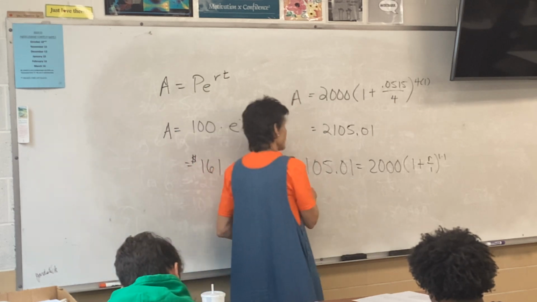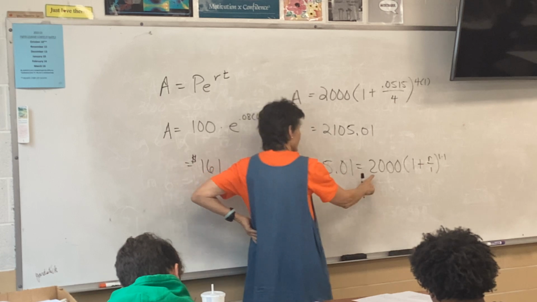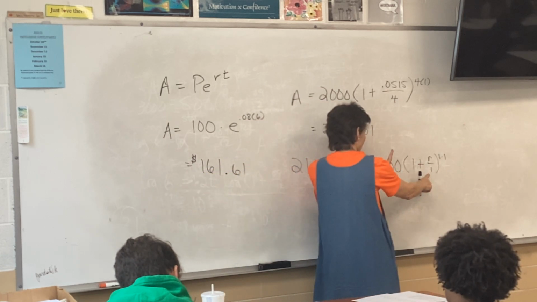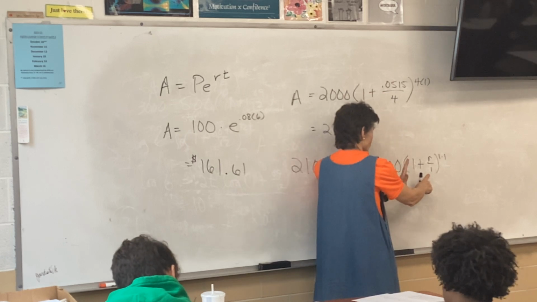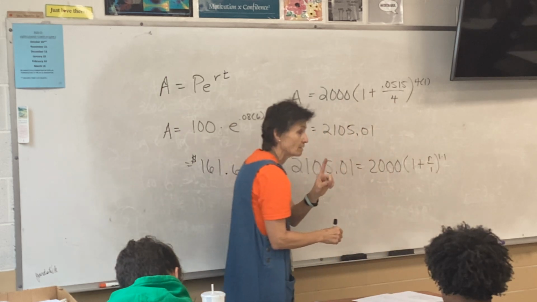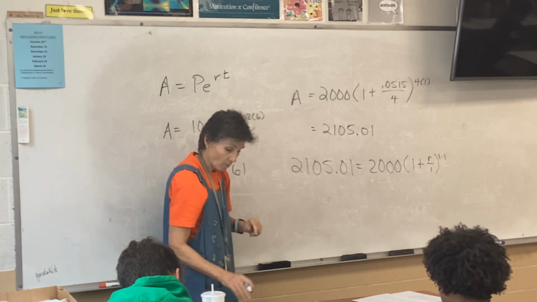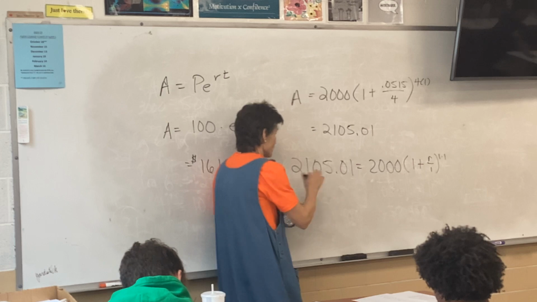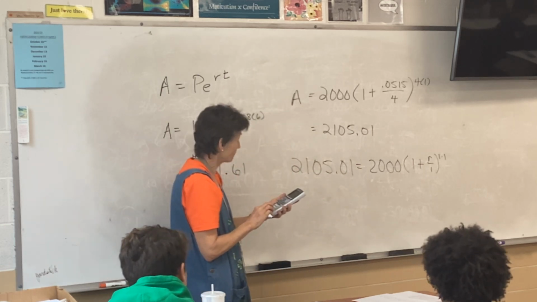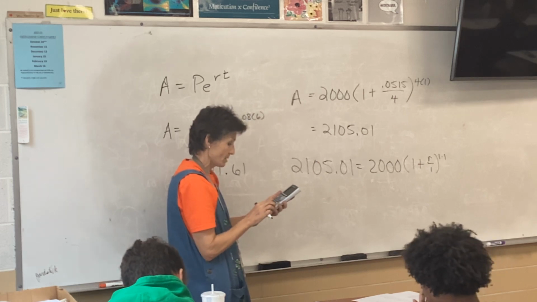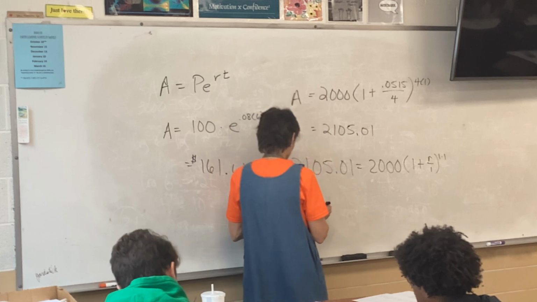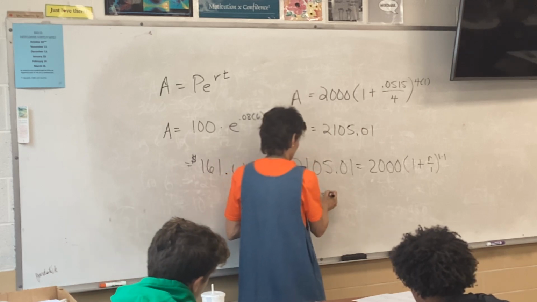So we know this is what she ended up with. We know that's what she started with. We now are talking about just annual interest, compounded annually. So N is 1, T is 1. We're doing it for 1 year. So let's figure out what that is. So we need to divide by 2,000. I'm getting ahead of myself. So then I got this number.